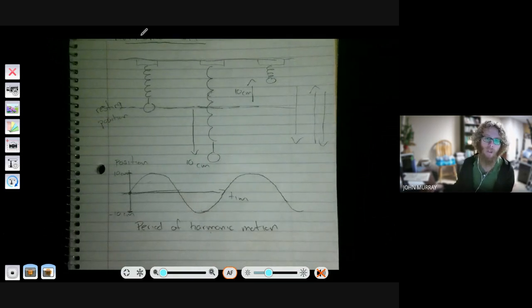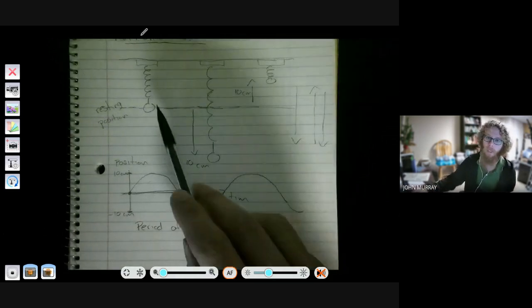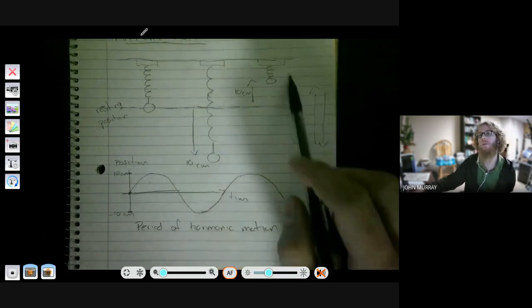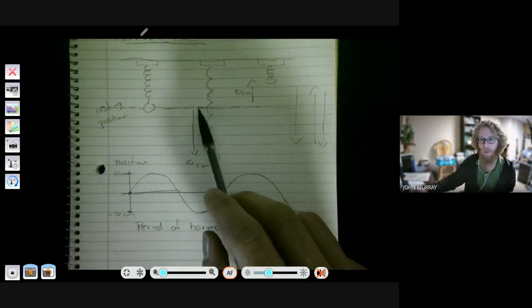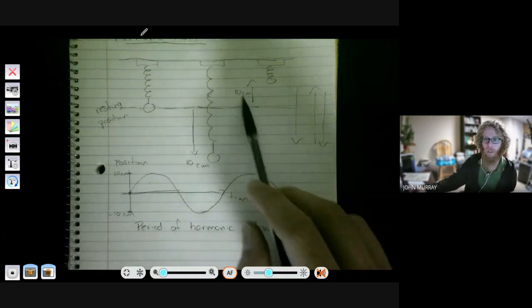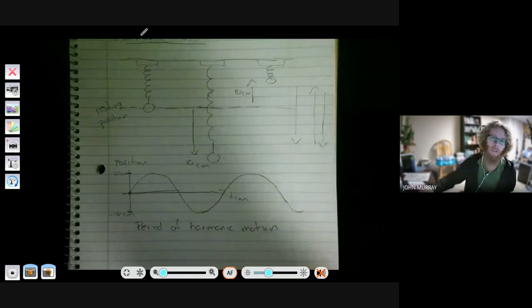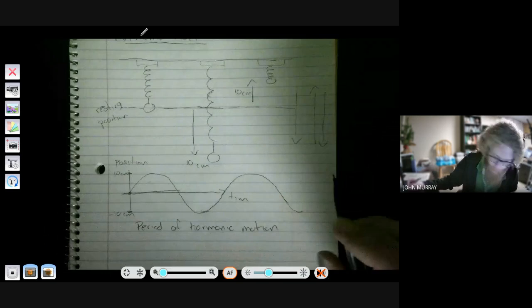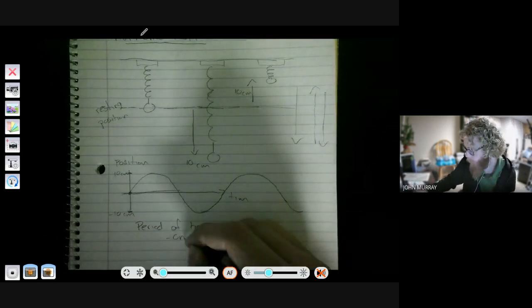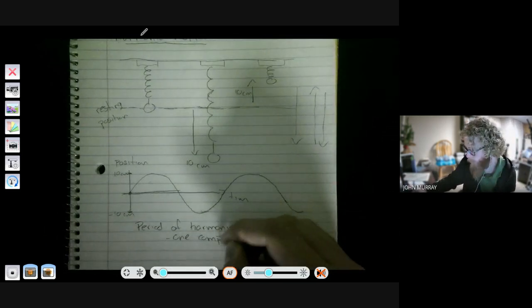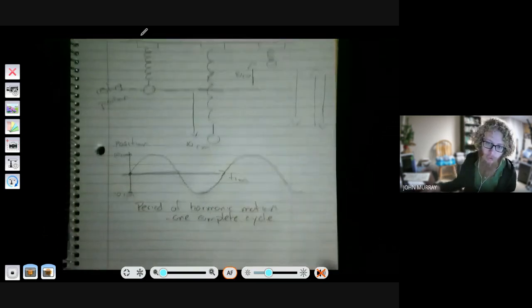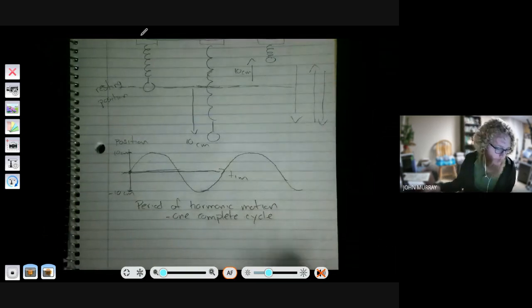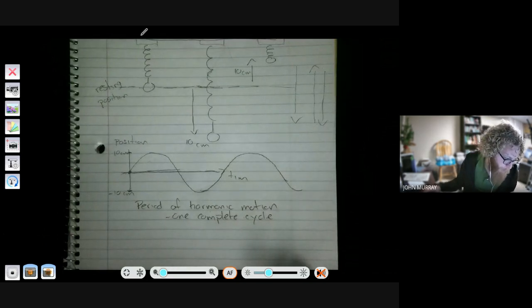It depends on a few things, but it's the time it takes for it to go back to its original resting position, right? So if I pull it down, it goes to resting position, it goes up, and it comes back down, and that would be one full period. So a period of harmonic motion would be one full cycle.